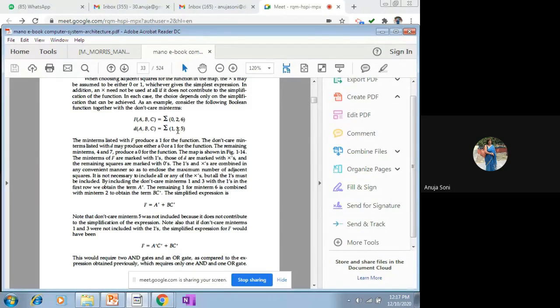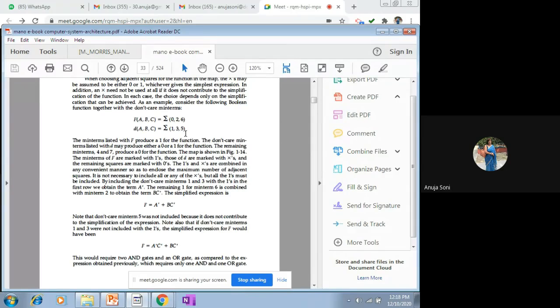And now, whichever are the missing terms, which are neither in the upper row nor in the lower row, like 4 is not there in upper or lower, 7 is not there in upper or lower, so 4 and 7 will be producing the value 0. So a few min terms are going to produce the value 0, a few min terms are going to produce the value 1, and a few min terms are going to produce the value don't care.